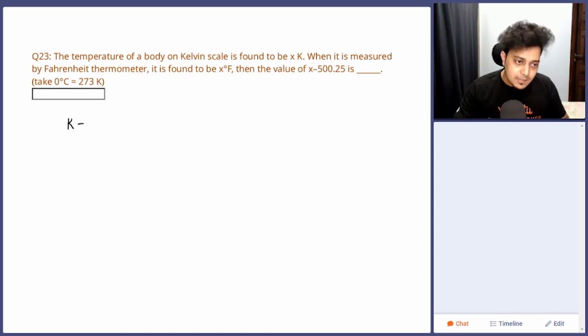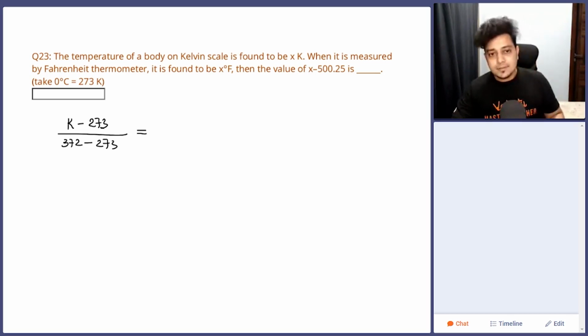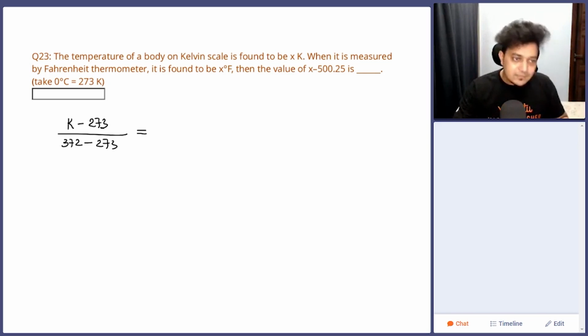So reading in Kelvin is K minus 273 upon 373 minus 273. Okay, you know that reading minus lower fixed point upon upper fixed point minus lower fixed point is equal to constant. Correct? So this I've written for Kelvin scale. And now we can write down the same thing for Fahrenheit scale as well.